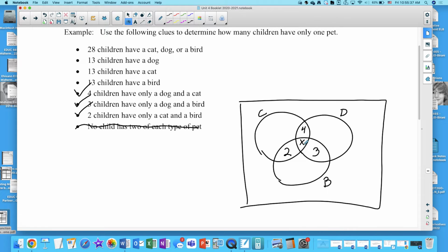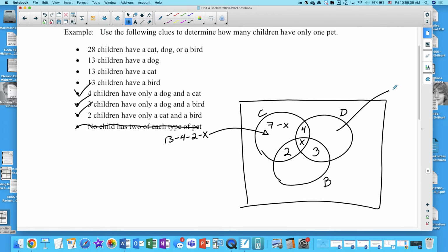Okay? Now, we can't say how many are in cats, but we can use X to describe it. So if there are 13 children that have a cat, this is going to be 13 minus 4 minus 2 minus X, which is, how would you simplify that? 7 minus X. Good.